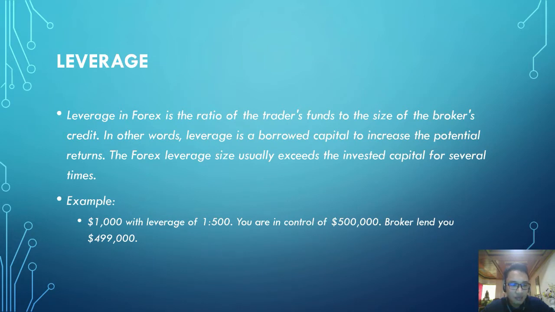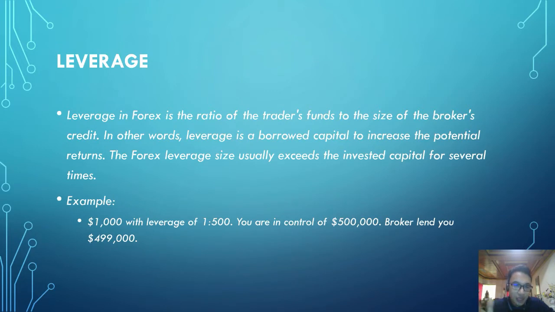Let's say, for example, you have 1,000 USD with a leverage of 1:500. You are in control of 500,000 USD. That's 1,000 times 500. So the broker lends you 499,000 USD. That's why when we trade, the broker computes our margin, so we have what we call a margin call.